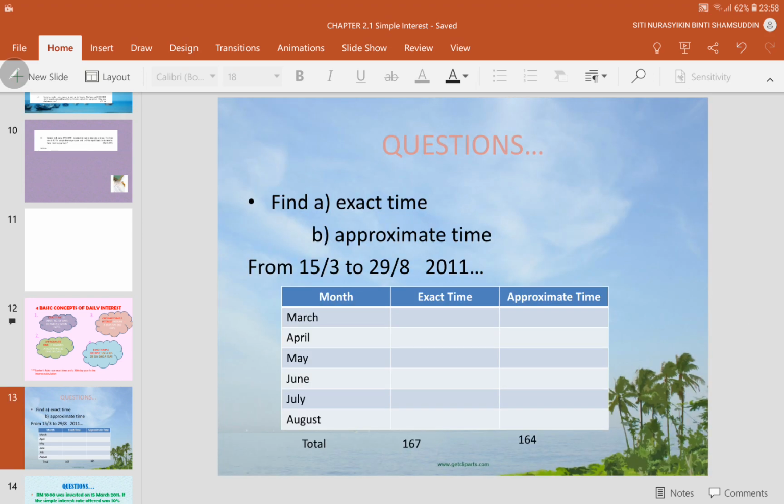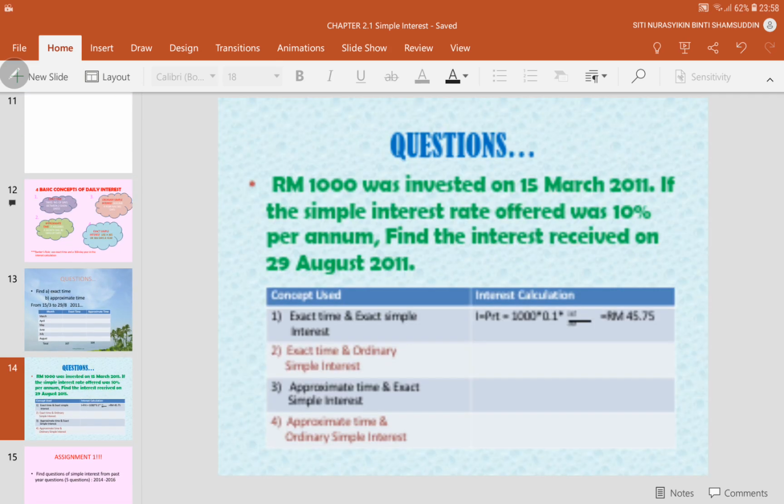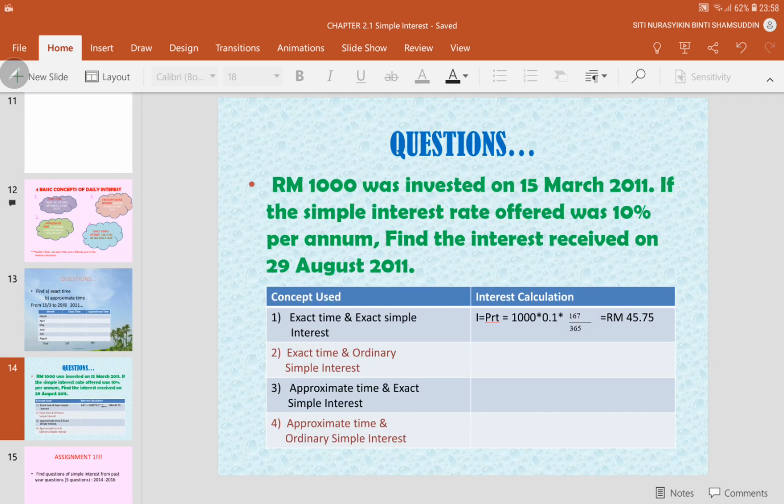Okay, let's say you are given, we proceed to this one. 1,000 ringgit was invested on 15 March 2011.